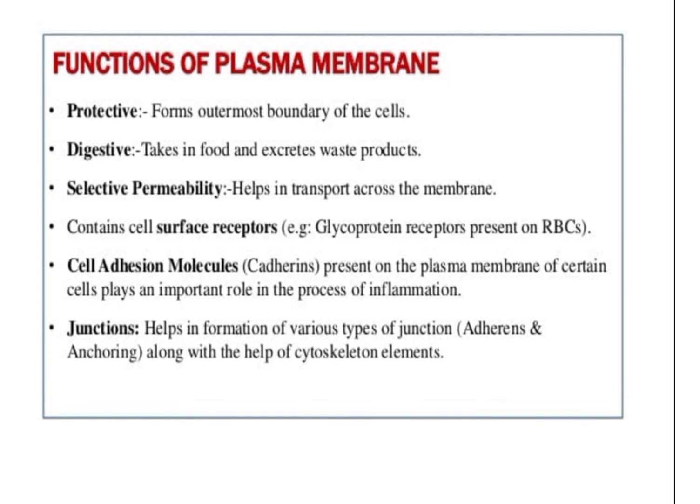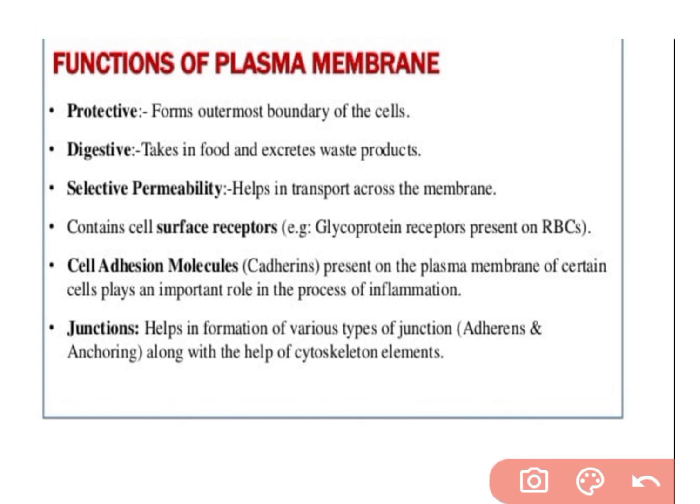Then last, coming to the functions of the plasma membrane. The first function is protective. It forms the outermost boundary of the cell, which is why it protects the inner organelles. Digestive: it takes in food and excretes waste products.